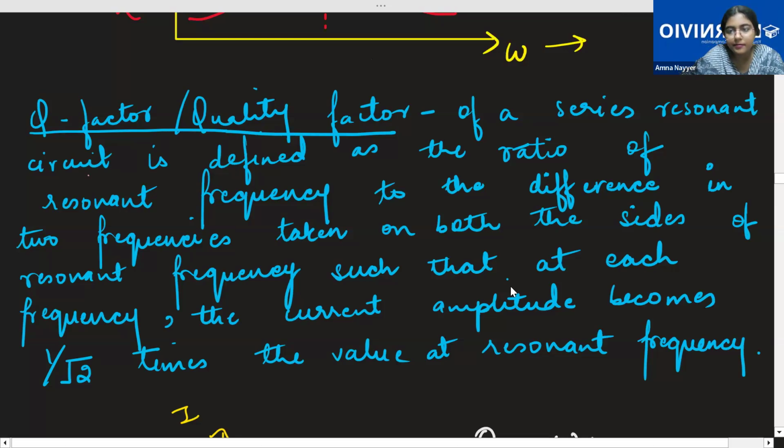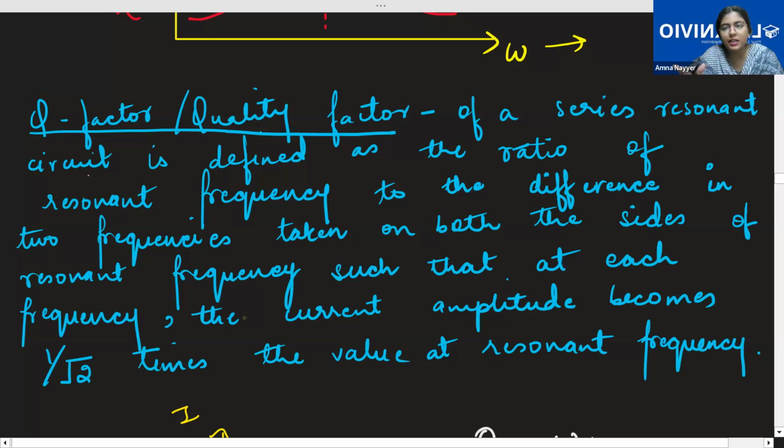This 1 by root 2, I'm not able to understand. Whatever the value of current at resonance, 5 ampere, 6 ampere, in the quality factor graph, that maximum value will be 1 by root 2 times that. In the denominator, your impedance is becoming root 2 times. Remember it like this, it is easier.